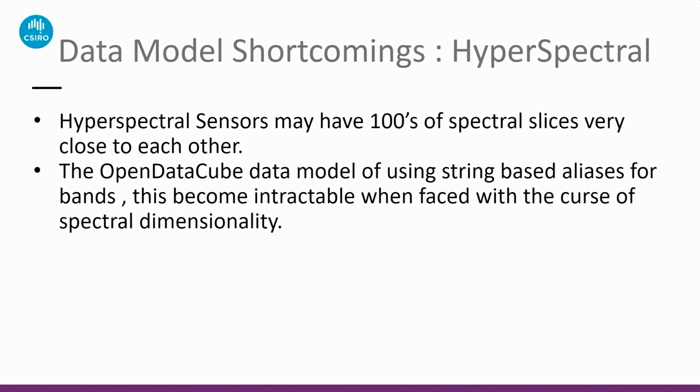The other one is obviously the hyperspectral one I was mentioning. Because of the way we make it easy with string aliases of different bands, you will probably try to name things a lot, or you just have to add another dimension, like a numbered count. Instead of having names, you just have numbers on the bands, and you have some sort of mapping elsewhere to say these are the ranges in which you have your bands.